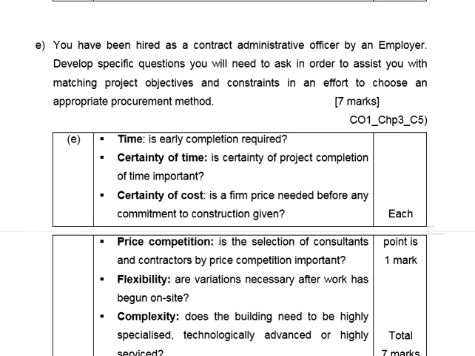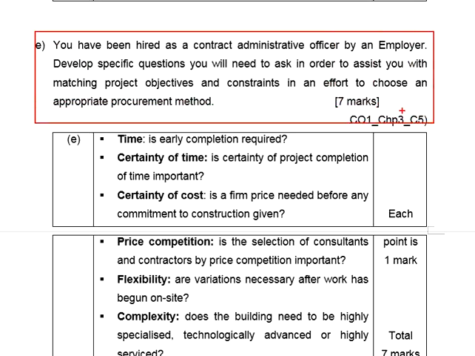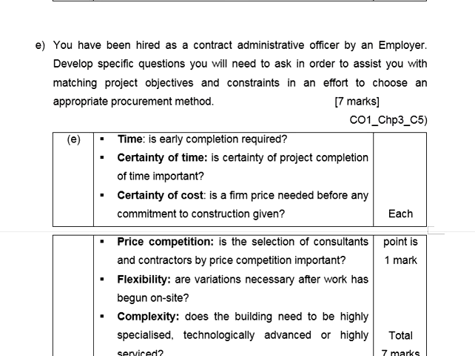To strengthen my point, let me share an example. This question is a typical theoretical question. It is about the contract. The topic is about the construction procurement method. If you look at the question here, a scenario is given. It is said that you have been hired as a contract administrative officer by an employer.